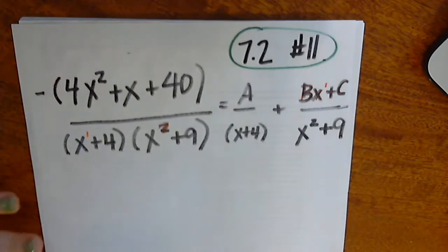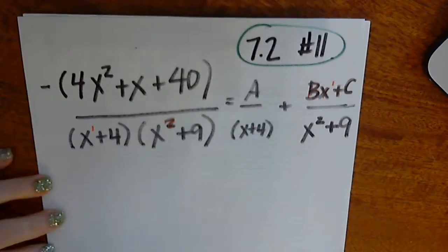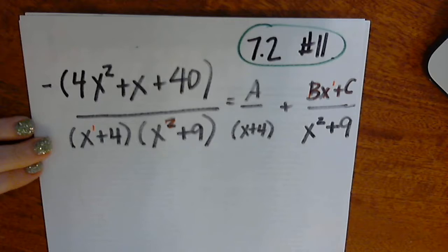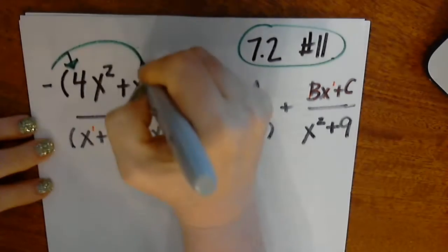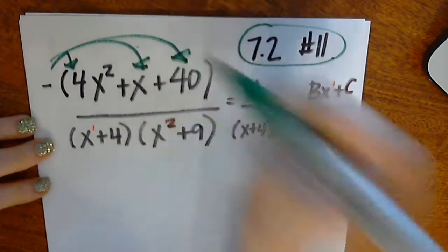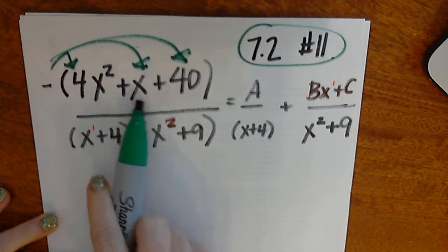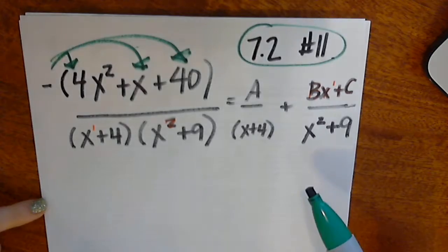So we already have our fraction. What we're going to do is multiply every term. What I'm going to do also, I don't like this little minus sign. They haven't factored it out. I'm going to distribute that minus sign to all terms. So that's going to make this a negative 4x squared minus x minus 40. I'm going to write that in my next go round.